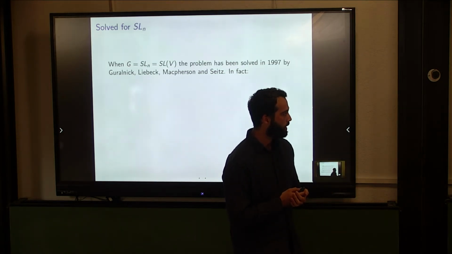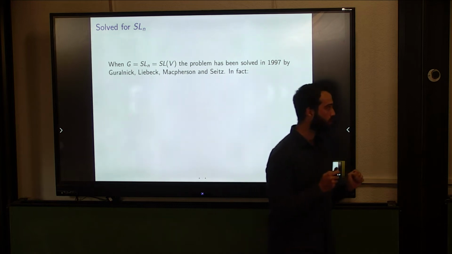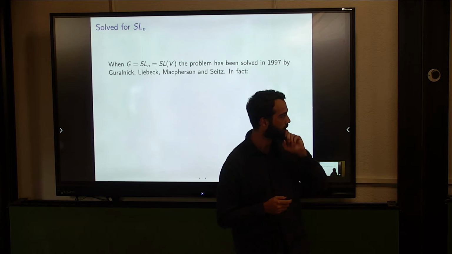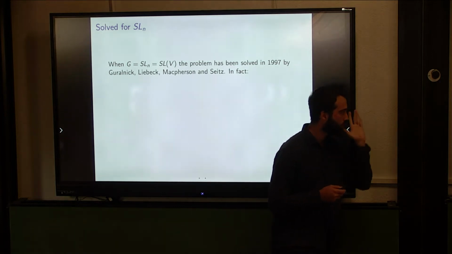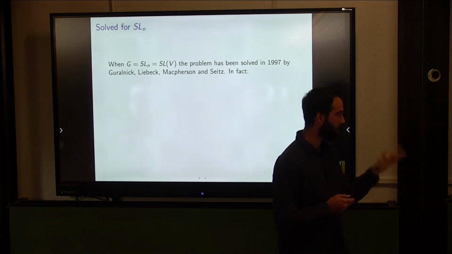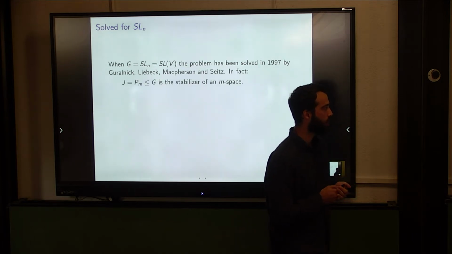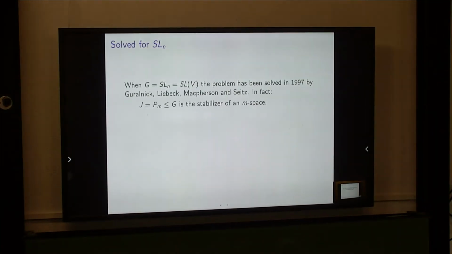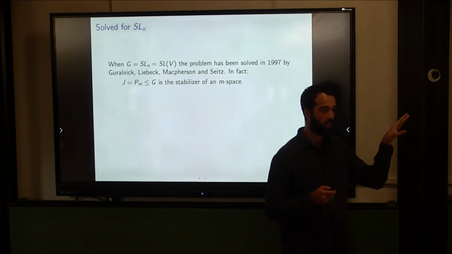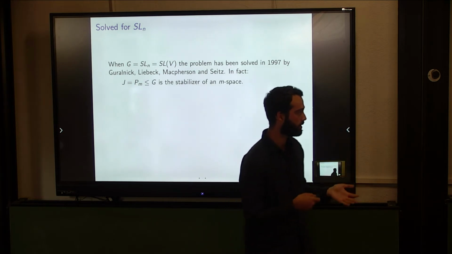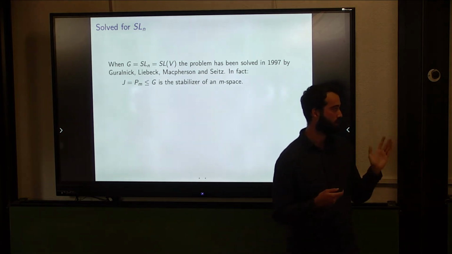Okay, so in this setting, the problem has already been solved when the big group G is of type A, so think of SL_n. So Guralnick, Liebeck, Macpherson, and Seitz in '97. How did they tackle this problem? So, as mentioned before, J as a maximal parabolic is just a stabilizer of some m-dimensional subspace in the natural module.